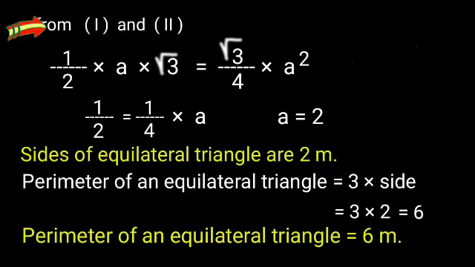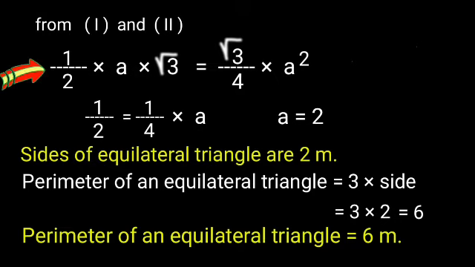From equation first and second, that is 1/2 into a into under root 3 is equal to under root 3 upon 4 into a square.